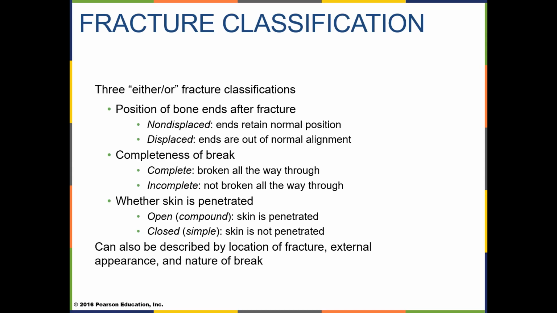There's not much you can do to it or for it. It'll heal up on its own. Remember, all fractures do heal. Sometimes they may not heal the way we want them to because we didn't align the bone correctly, but all fractures will ultimately heal.